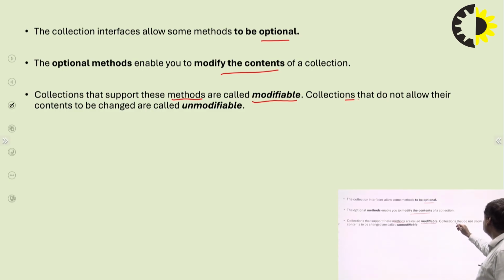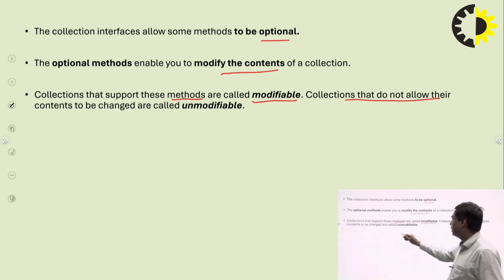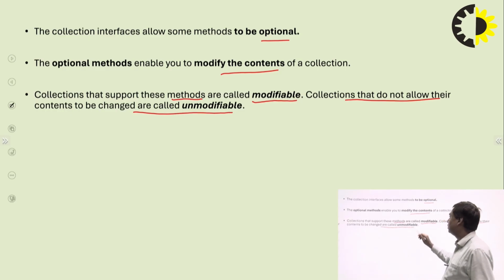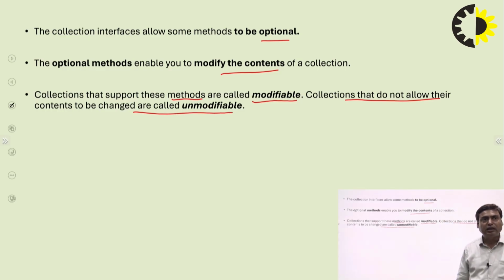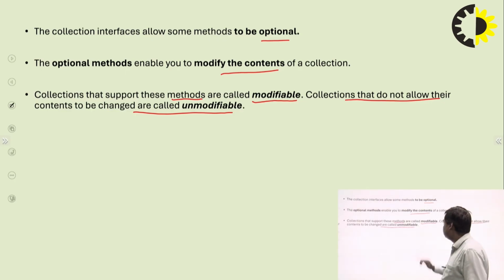There are collections that do not allow their content to be changed, and those are called unmodifiable. So, here we can understand there are collections which are modifiable and collections which are not modifiable, which we call unmodifiable.